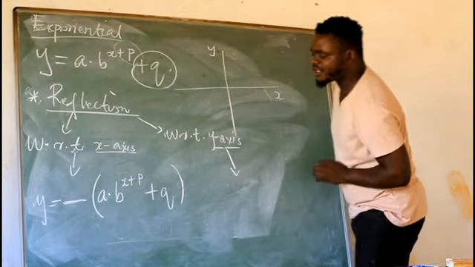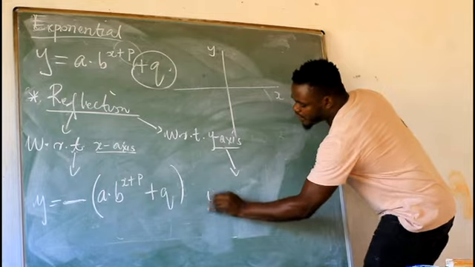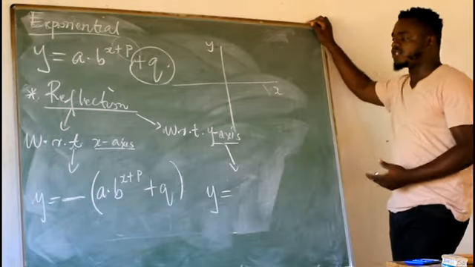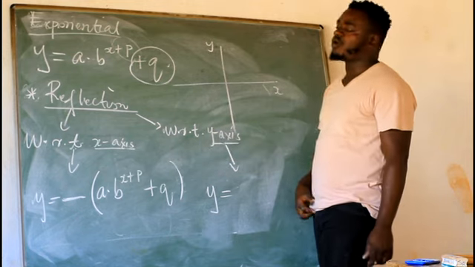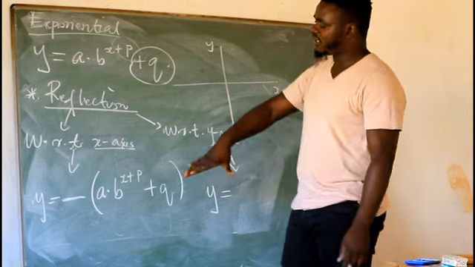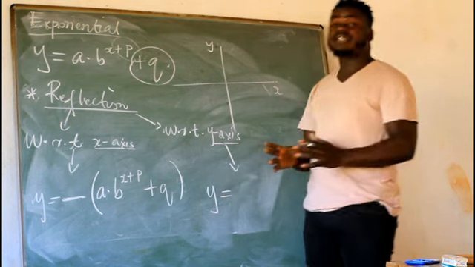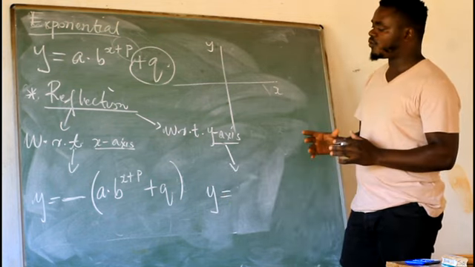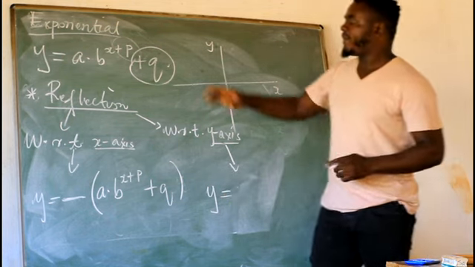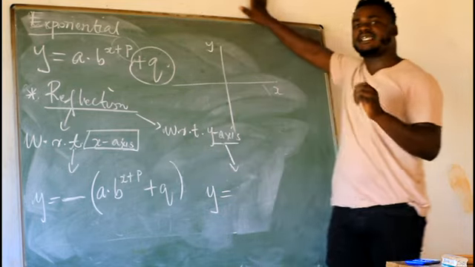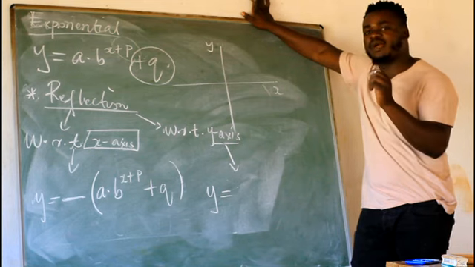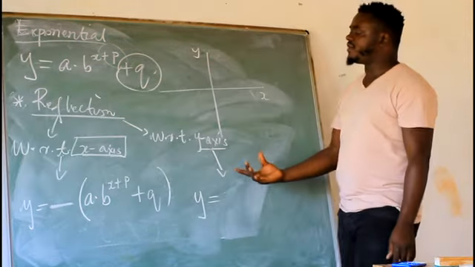What about with respect to the y-axis? Here also, the graph with respect to the x-axis and the reflection with respect to the y-axis, we reintroduce a negative. Now, that negative depends on where you are going to introduce it. The keyword here is the axis.